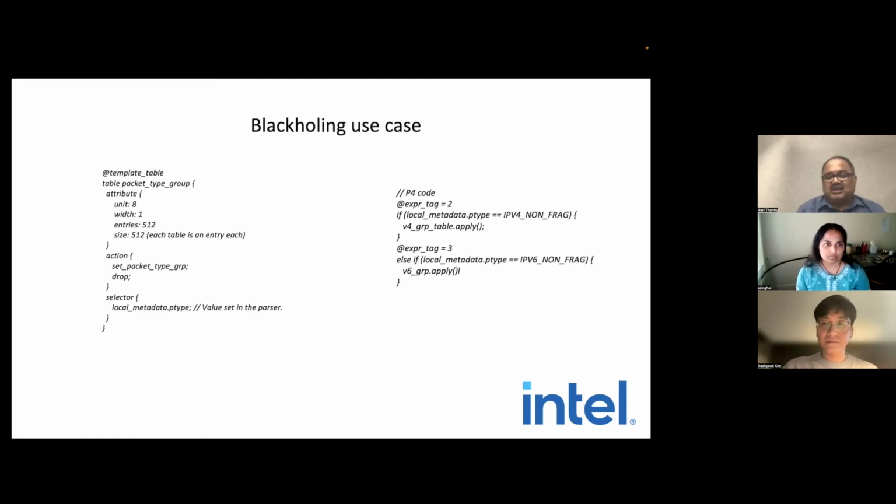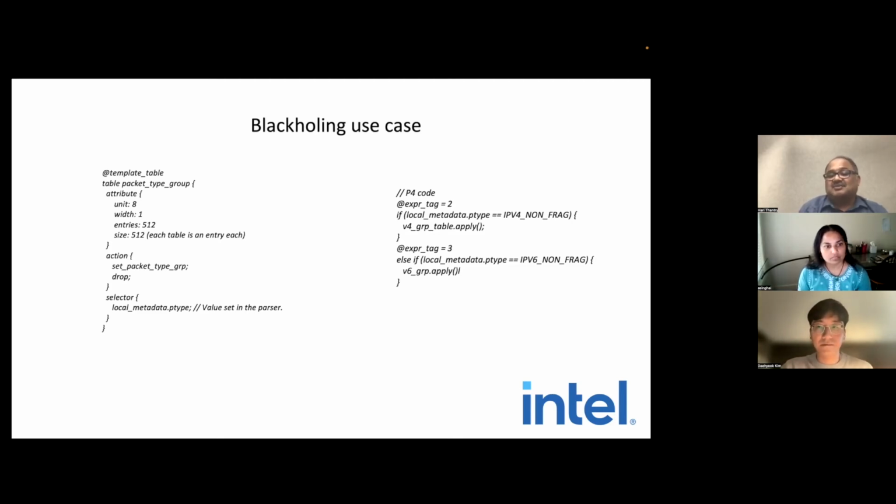So in hardware, assume that there is a table called packet type group. And the attribute of that is basically the packet type, because you are taking a packet type and creating an opaque value for this. So there are only two actions associated with the packet type group table. One is you can set the packet type group, or of course, usually it's only set packet type group, but to motivate this example, we are also adding a drop action.